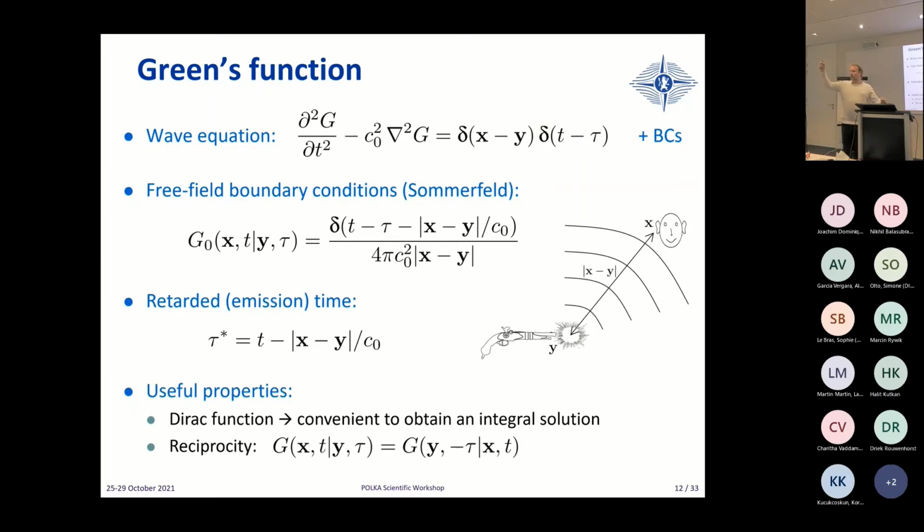But it turns out to be easier to solve the problem where the source has been moved here and the listener is here. And if you can solve this, then you can swap back the time and spatial coordinates for the source and for the listener. The method of compact Green's functions of Michael Howe proceeds this way by using this reciprocity.